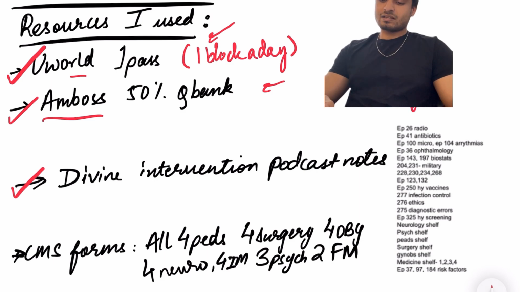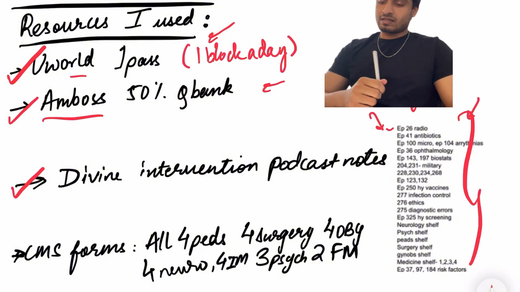Here are some of the really important episodes that are a must watch. Although I did finish all of these episodes, I also went ahead and did a couple more episodes which I thought would be useful, and they were really useful. As much of the Divine Intervention podcast as you can do, I would suggest you do.